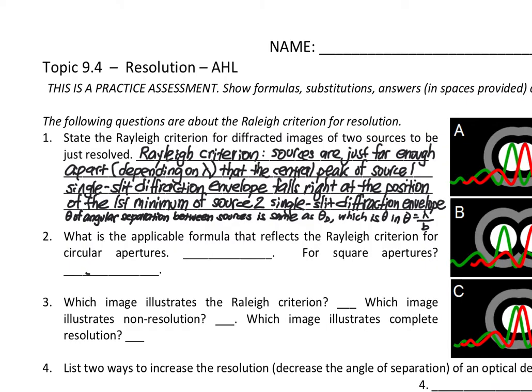And then for a circular aperture, like most cameras, your eye, etc., instead of theta being lambda over b, it's actually theta is 1.22 lambda over b.